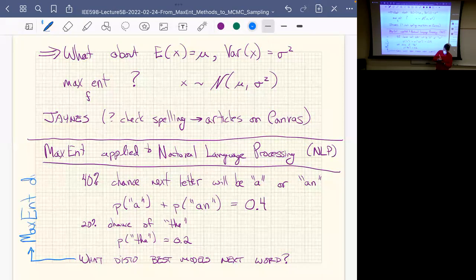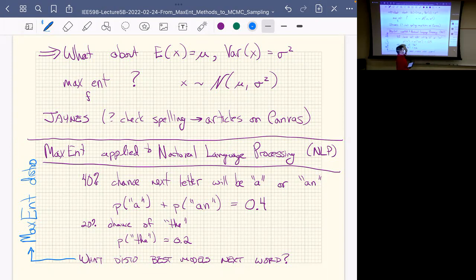So I choose the MaxEnt distribution, and that gives me, over all words, the maximum entropy distribution that satisfies these constraints. By doing so, this will be the distribution that reflects the least bias in the developer.